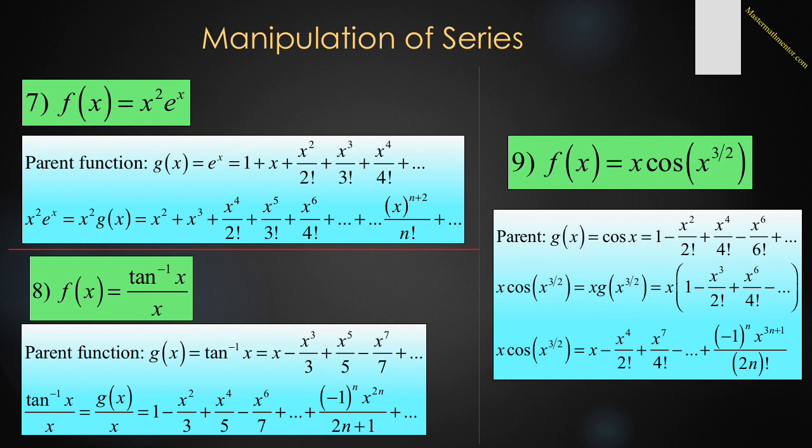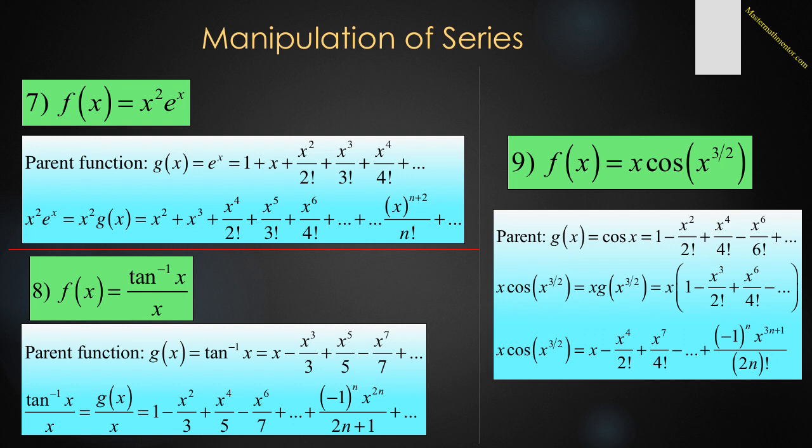Number 9 reads f of x equals x cosine of x to the 3 halves. Our parent function is g of x, which is cosine of x, and that is 1 minus x squared over 2 factorial plus x to the 4th over 4 factorial minus x to the 6th over 6 factorial plus dot dot dot. So x cosine of x to the 3 halves is x times g of x to the 3 halves, which is x times 1 minus x cubed over 2 factorial plus x to the 6th over 4 factorial minus dot dot dot.